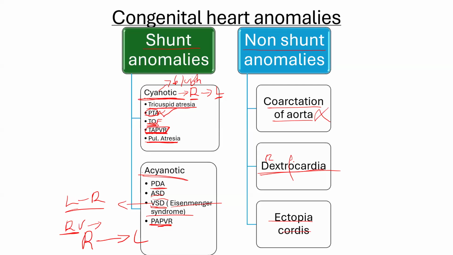Dextro means the functional group has been rotated to the right to form the D form, whereas levo-rotated has been rotated to the left to form the L form. Remember, in the human body, we cleave the L forms of sugars. If I give you D-glucose, you wouldn't be able to cleave it. Go and check about that in biochemistry. Here it's the same: dextro to the right, levo to the left.